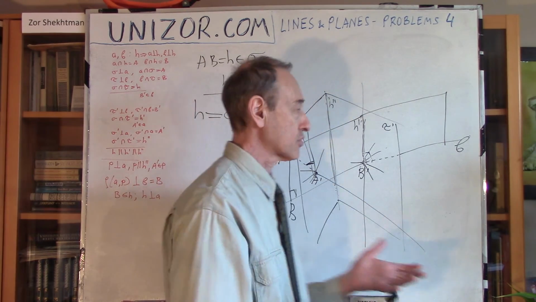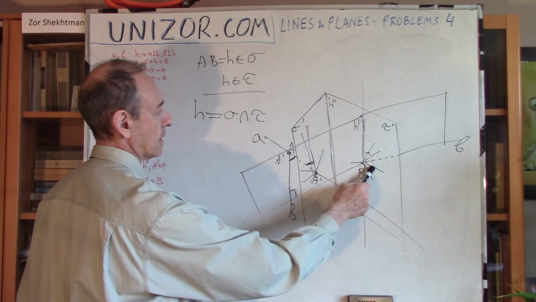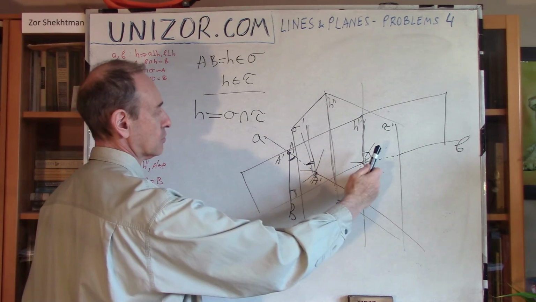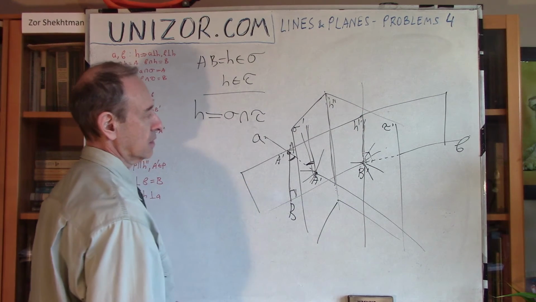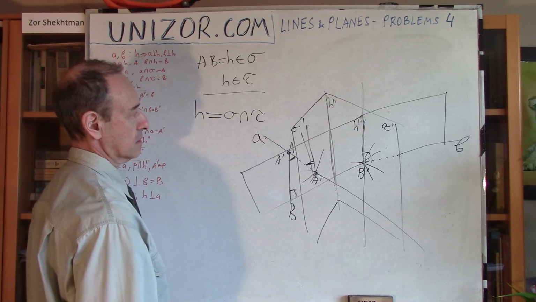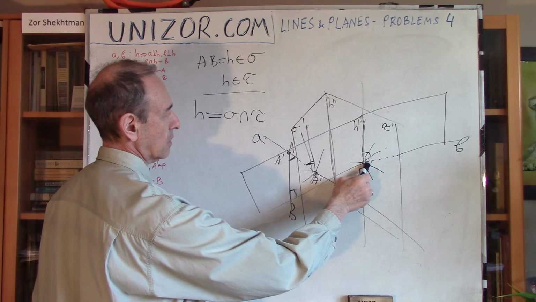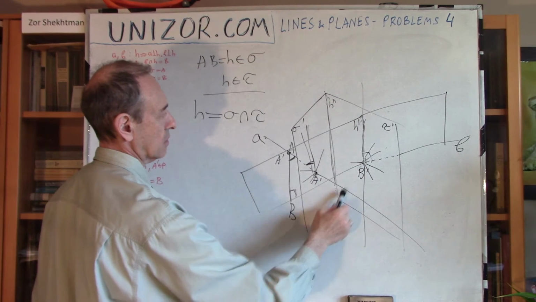So what's the construction? Basically, I already told you about this. Pick a point, pick another point, draw a plane perpendicular to A in one point, draw a plane perpendicular to B in another point, and get the intersection between these two planes. Then I draw from B prime a line parallel to this intersection.